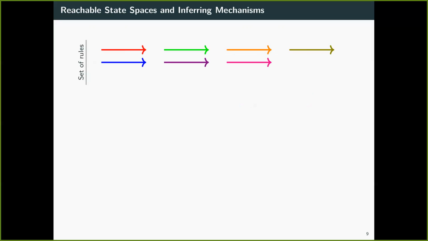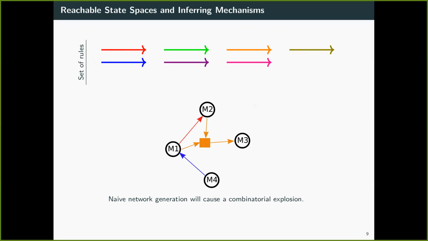If we were given the reactants of a reaction, we could construct a reaction network by simply repeatedly applying the rules to the reactants and its resulting derivatives to, for example, create a network like so. However, such a network generation strategy will quickly explode as we do not respect the stoichiometric information given by the actual reaction.